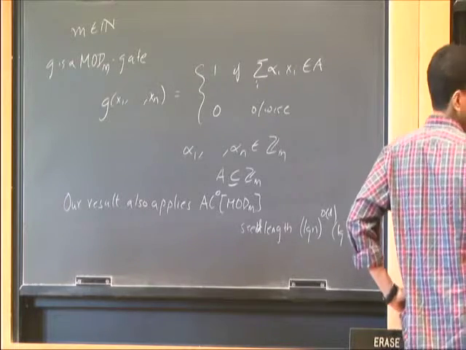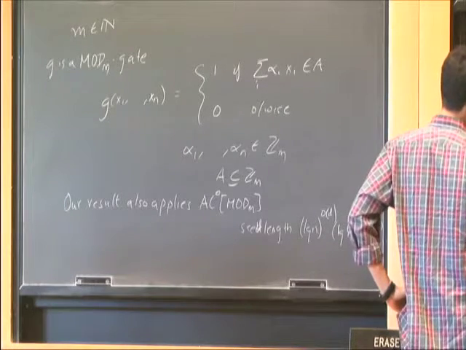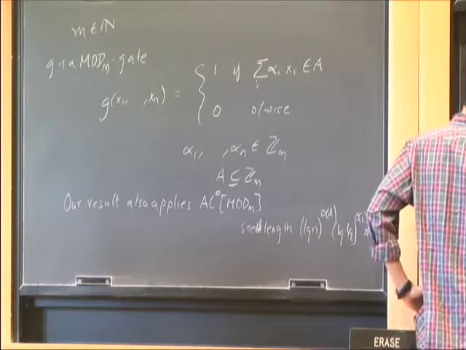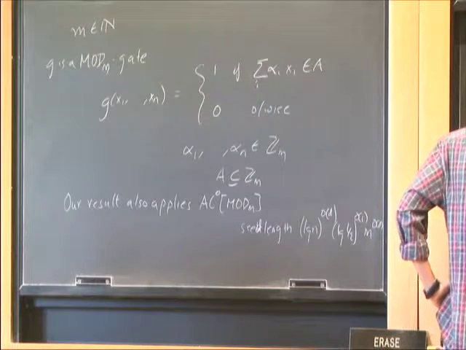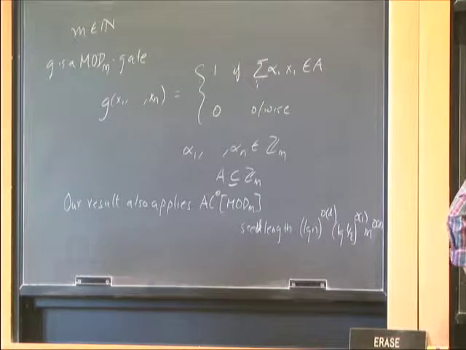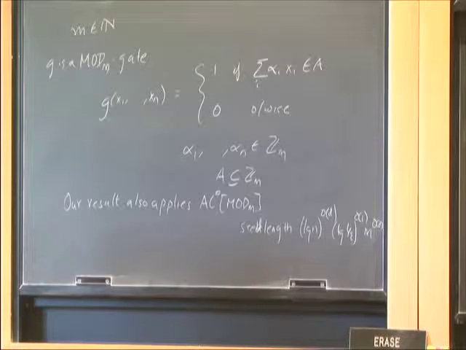It turns out that the small bias spaces that I spoke about, small bias spaces with seed length order d square, log n over epsilon to the order d square, fool both AC0 and parity gates.